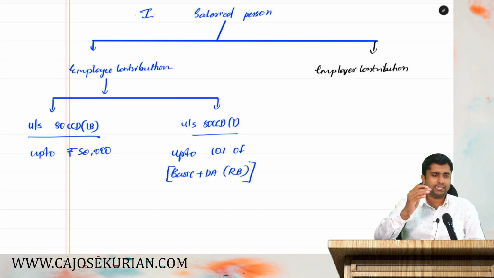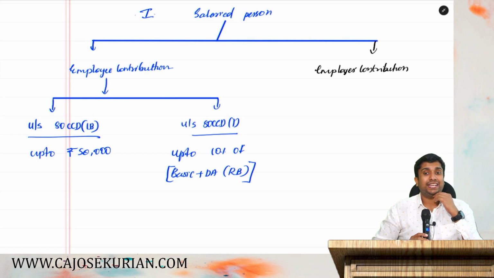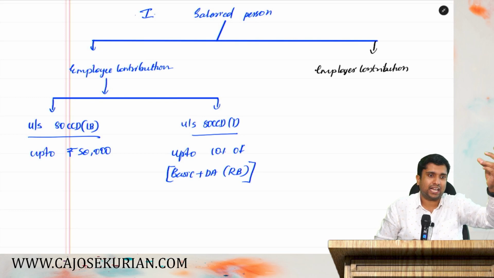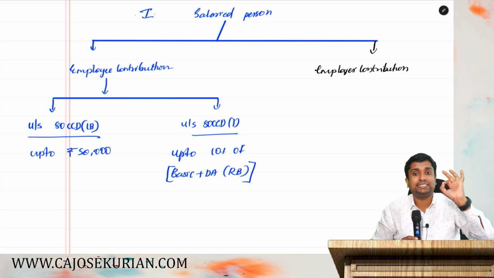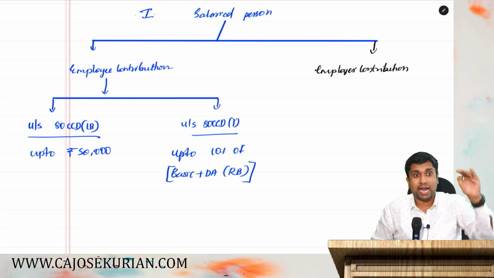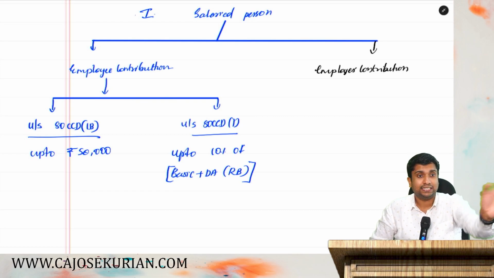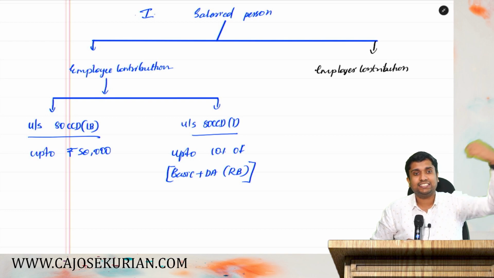Friends, listen, for the excess over 50,000, you have to claim it under 80 CCD subsection 1, and you cannot claim the entire excess. That excess is again subject to a ceiling limit.